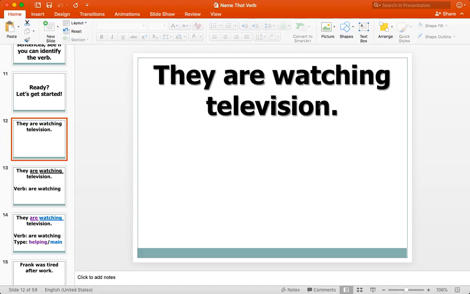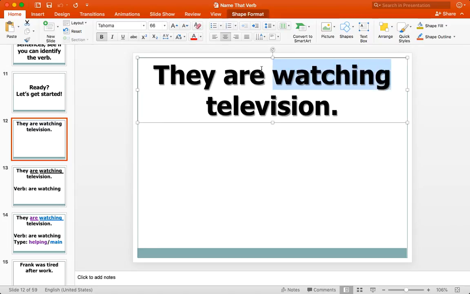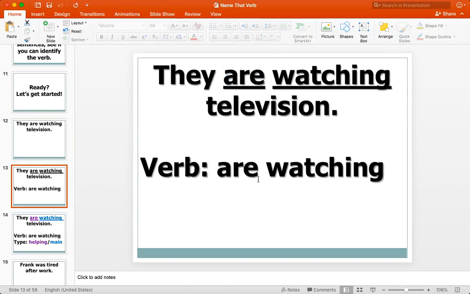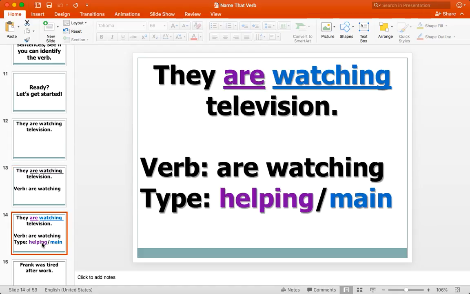Watching television, watching is an action, right? And then are is the helping verb. So in this case are watching is the verb, and are is a helping verb.